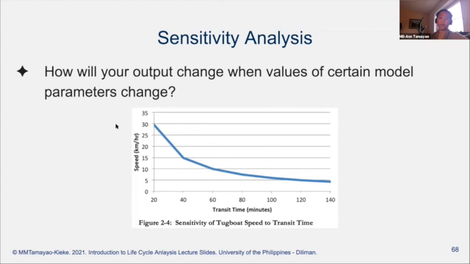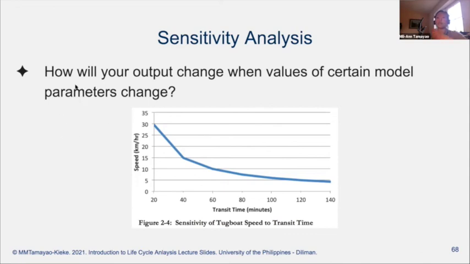The speed is inversely proportional, no? So the higher your transit time, the lower your speed, okay? So here, this is an example of one-way sensitivity analysis. So you can vary your transit time and see how it changes your speed, okay?